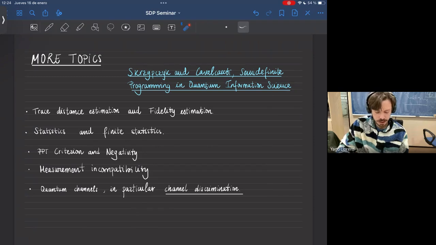So if you want to take a look at this book, it's probably okay. Some others that I can recommend are the lecture notes on Semi-Definite Programming by Vandenberghe, available online, and, if I'm not wrong, the Boyd and Vandenberghe book also. Okay, that was all. I don't know if you have any questions.